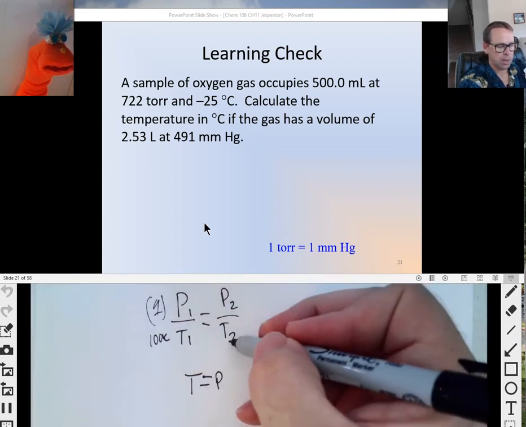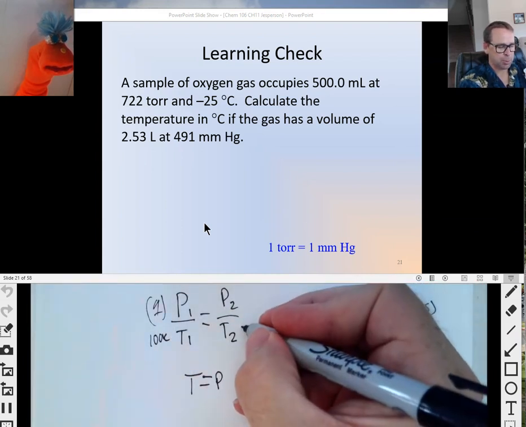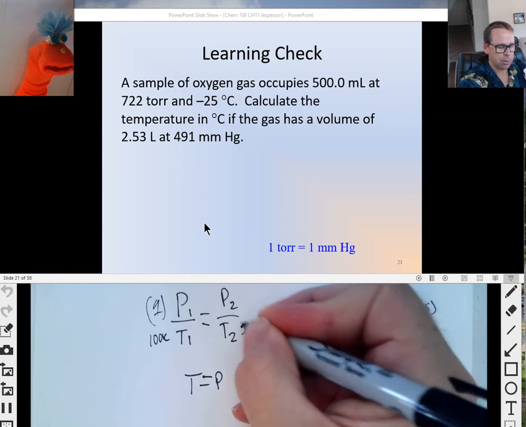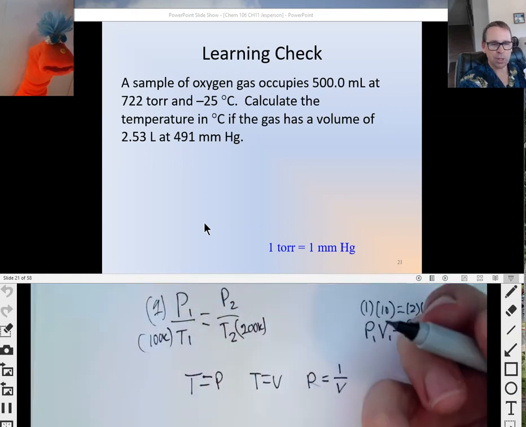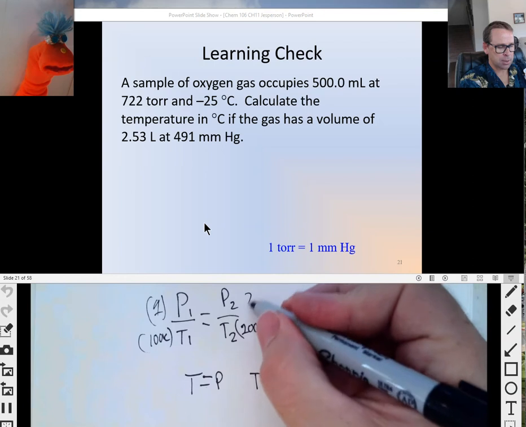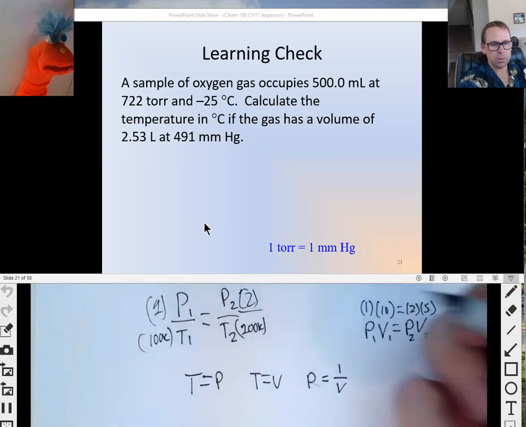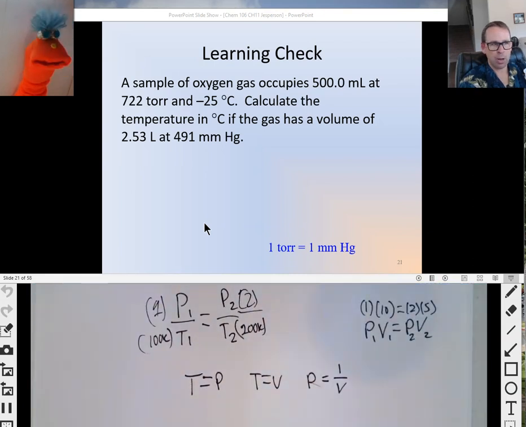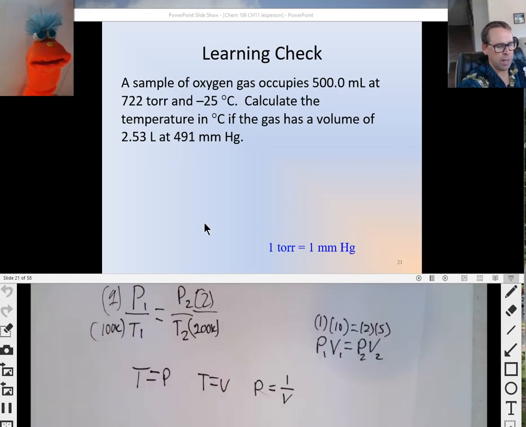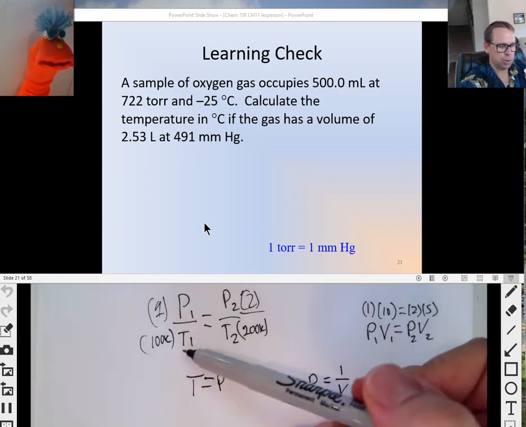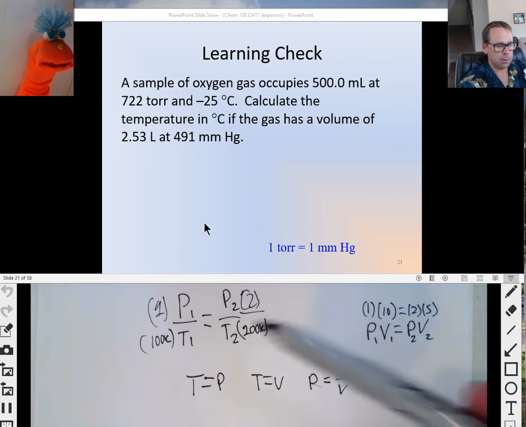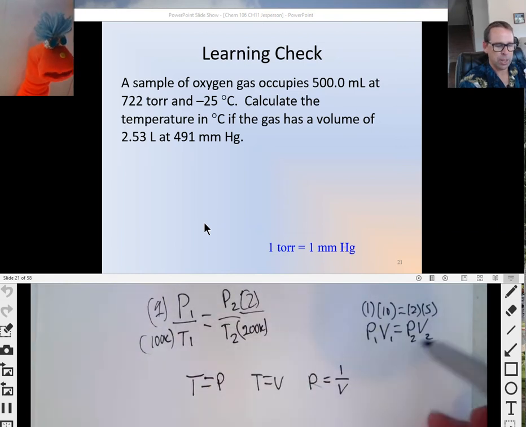If I double the temperature to 200 Kelvin, we would expect the pressure to increase, and yes, the pressure would have to double as well. So when they're directly proportional, this is the way the relationship has to work. When it's inversely proportional, it has to work like that.